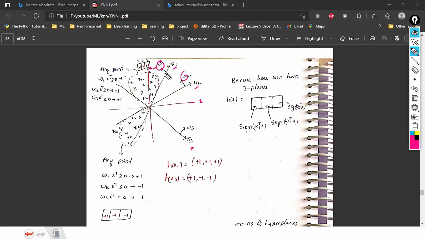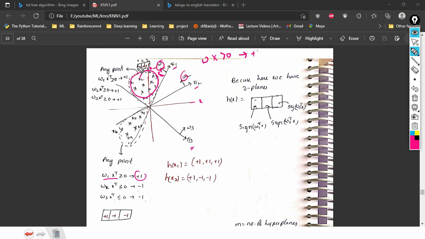These are the points which are on this side. That means these points have a plus value, the same direction as the vector. Every point with w1 into x transpose greater than 0, we will classify as positive.